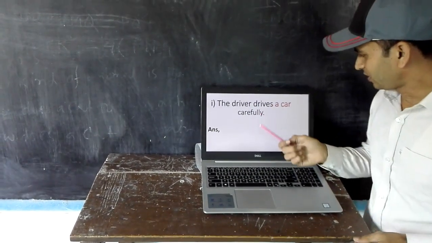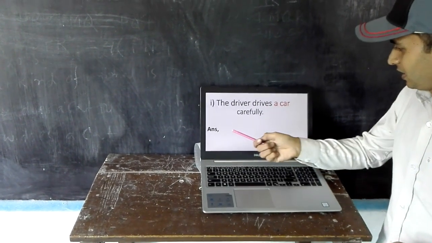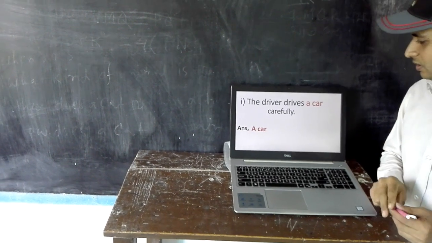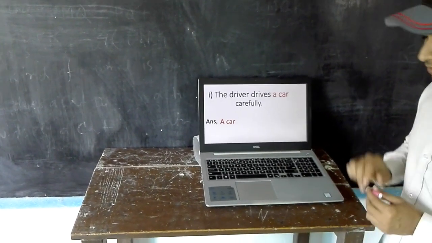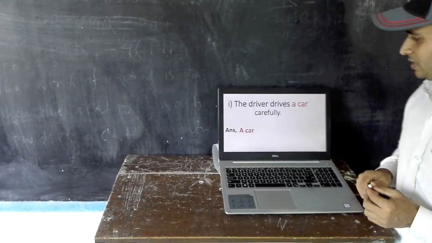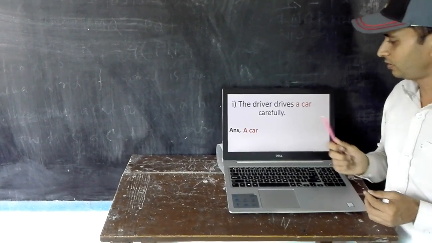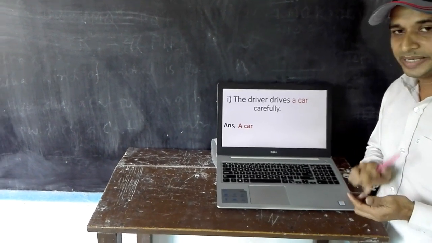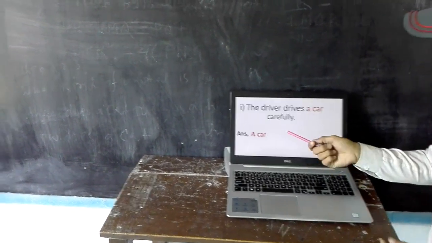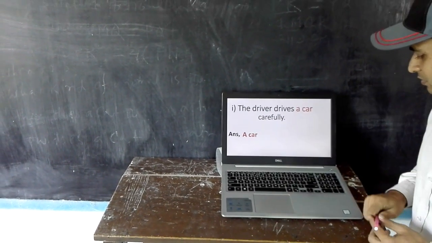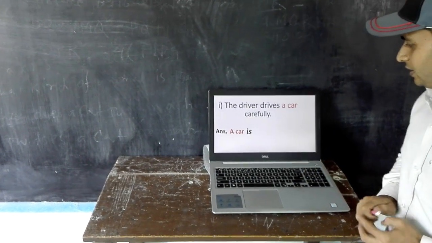So let's write a car at the place of subject. And second, we should write the auxiliary verb according to tense. We know for present indefinite tense we use am, is, are. As the subject here is third person singular number, so we should write here is.